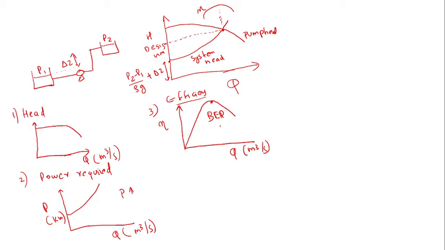N2 and N1 are the impeller frequency in condition 2 and condition 1. Similarly, the head will change as H2 by H1 equal to (N2 by N1) square. And the power will change as P2 by P1 equal to (N2 by N1) cube.